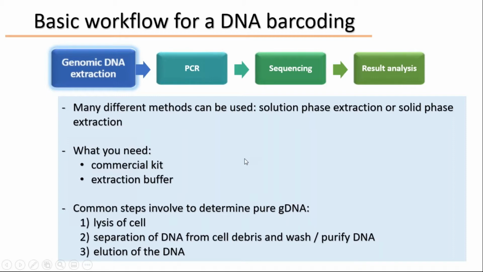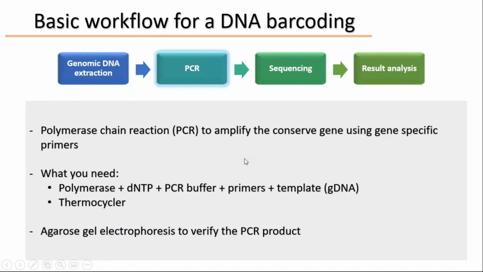After you obtain the pure gDNA, we carry out a PCR. PCR, the polymerase chain reaction, is to amplify and create multiple copies of the conserved gene by using gene-specific primers.